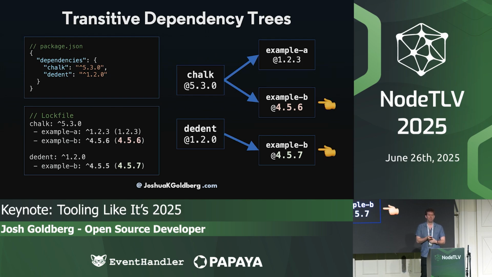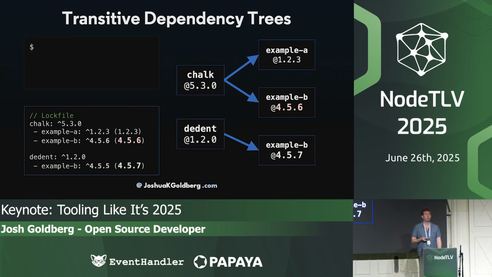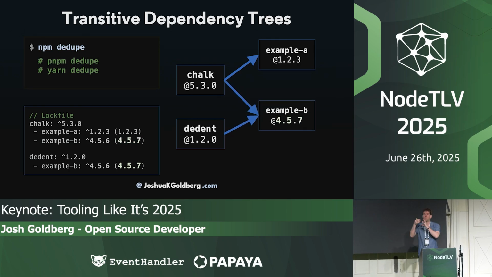You'll notice that they have different versions, even though the chalk dependency on example B is a higher patch than dedent's. Their resolved ones are the opposite somehow. So if you were to run the dedupe command from your package manager, npm, pnpm, yarn, and so on, they can sort of automatically hand massage your lock file to deduplicate.